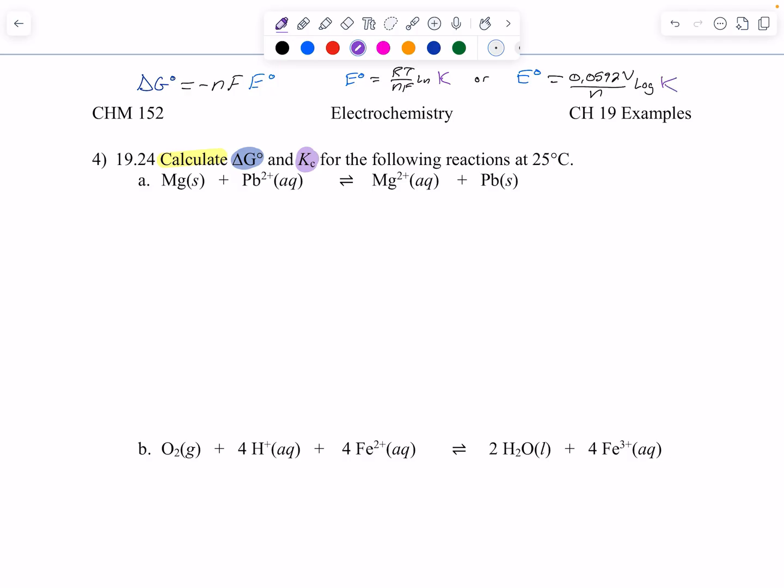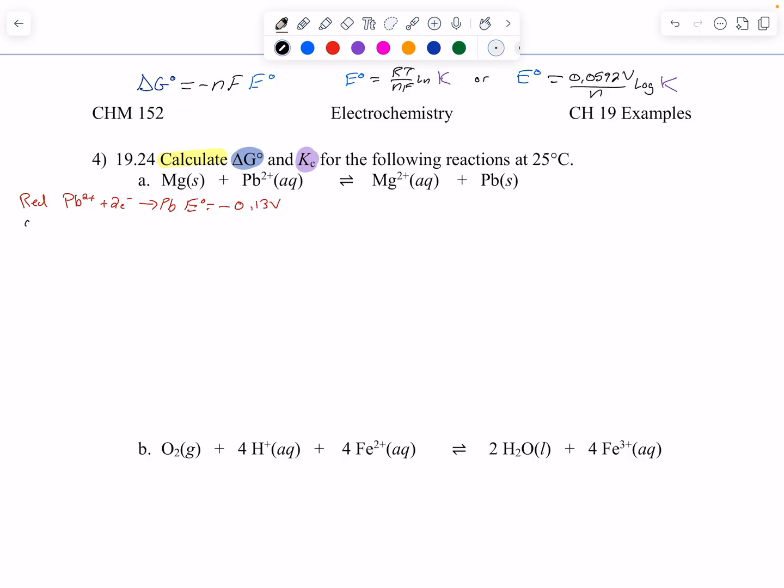All right. So now we have to look at the reactions. Magnesium goes to magnesium 2+. So that's your oxidation, and your reduction is lead 2+ going to lead. So the reduction is Pb 2+ plus 2 electrons going to Pb, and that potential, if you look it up, is negative 0.13 volts.